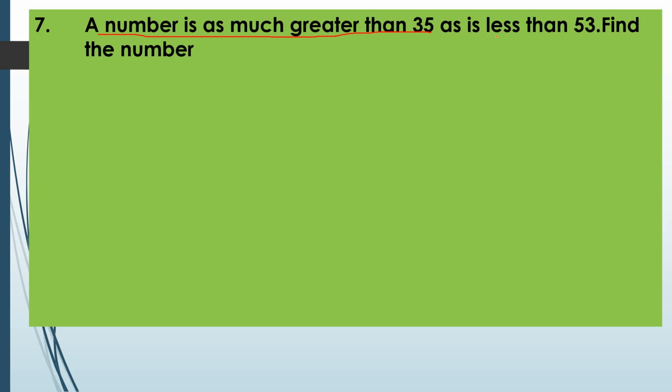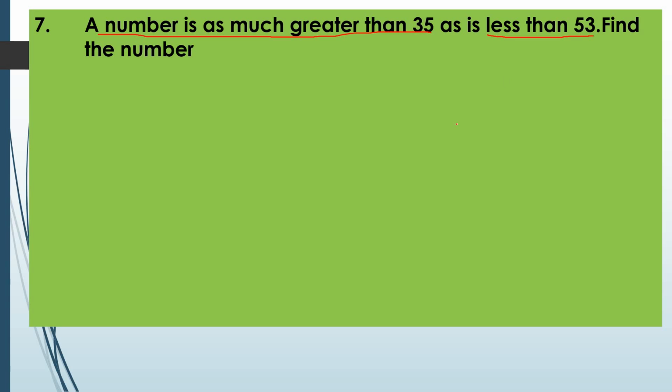And another condition is it is less than 53 also. It is greater than 35, but it is less than 53. And it is said that a number is as much greater than 35 as is less than 53. That means the difference of number and 35 is equal to the difference of number and 53.